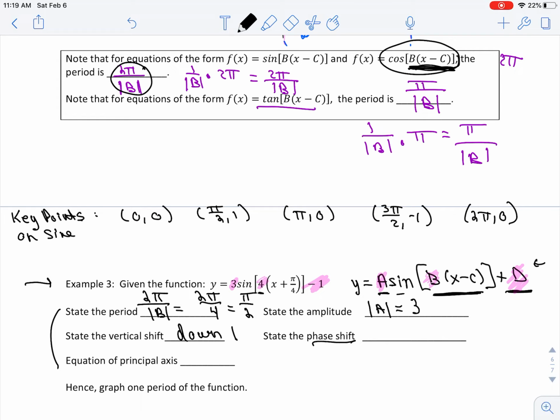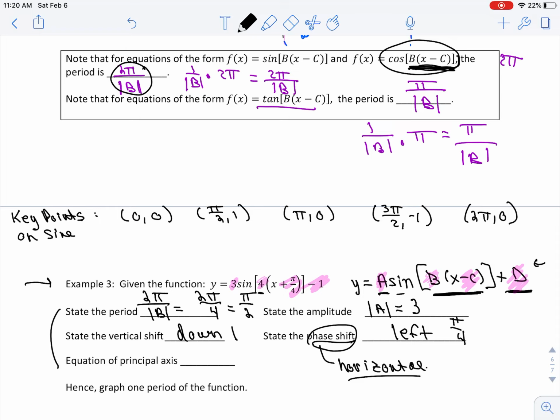And then the phase shift, remember phase shift is the same as horizontal shift. Actually, now I'm wondering if I ever said that. Phase shift is the same as horizontal shift. So the horizontal shift comes from this, and so we can see that that's the plus pi over 4, but remember that means that we are going left pi over 4.